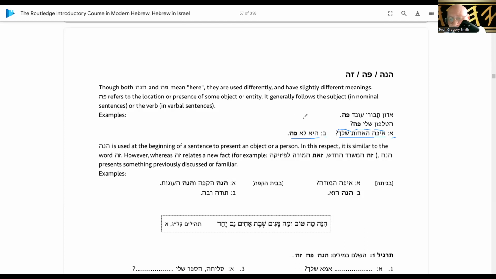Efo ha'achot shelka. Yeah, where is your sister? That's right. איפה האחות שלך? Yeah, Efo ha'achot shelka. So where is your sister? And the answer is he lo po. She is not here.